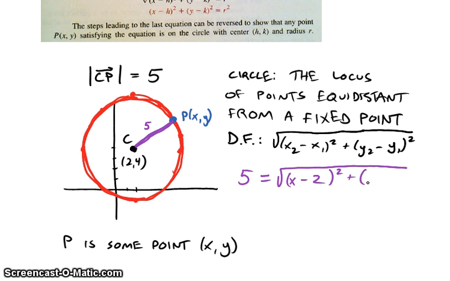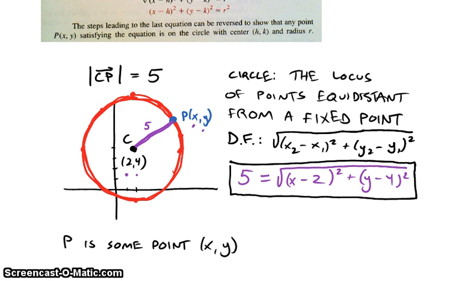So we end up with x minus 2, that's this minus this, plus y minus 4 squared, that's this minus this. And this essentially represents an equation in terms of x and y for any point on this circle. Even if point P was way over here, point P would still have coordinates, and the coordinates would still satisfy this equation. It's usually not written this way though. It's not written with a big square root in there. So in order to just clean this up, we can square both sides, and we get this equation here.